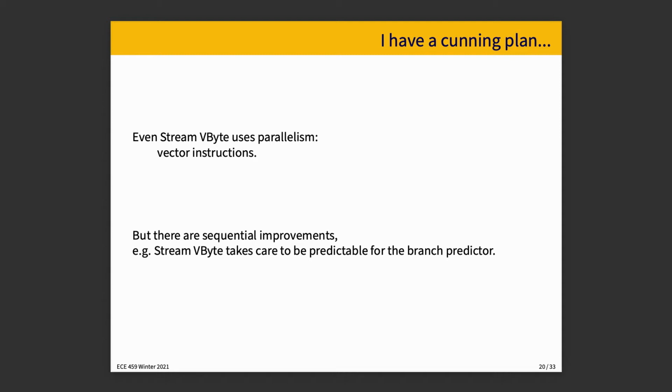That is, when we are trying to predict a branch, is this branch taken or not taken, that is a possibility of getting it wrong and paying a penalty. And if we are careful to behave in a predictable way, it increases the likelihood that the hardware branch predictor will successfully guess what we are going to do.